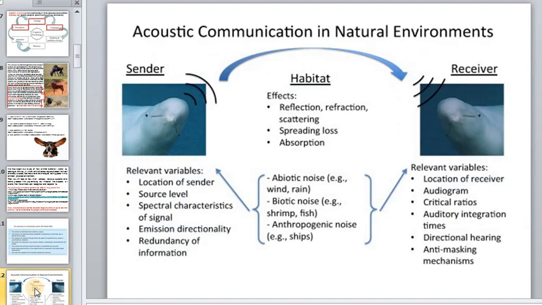These are just some examples of how it works in nature. As an example, I take acoustic communication in water.